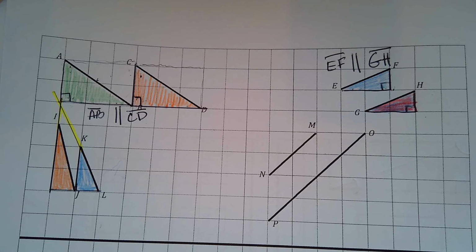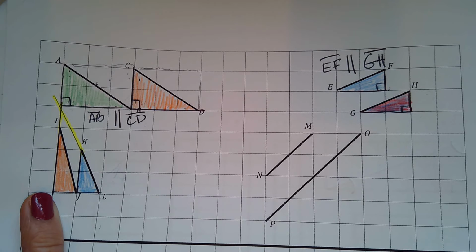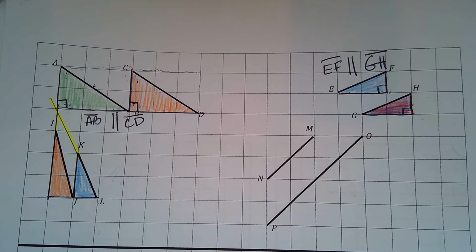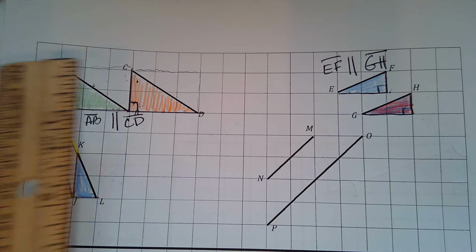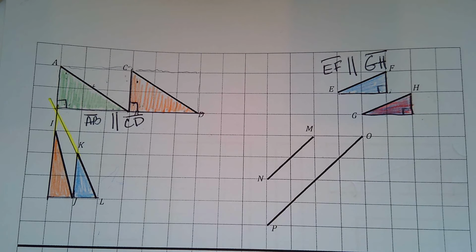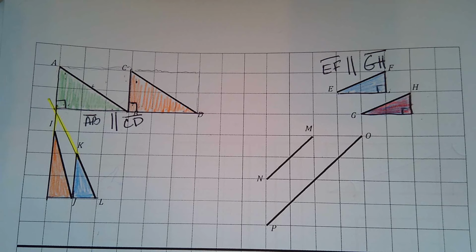KL has a height of 2, and IJ has a height of 3. If you visualize, and I took my ruler and extended the top line, I can see that if we extend each line segment, they intersect. So as I extend these segments, are they parallel? No, because they intersect, so they can't be parallel.